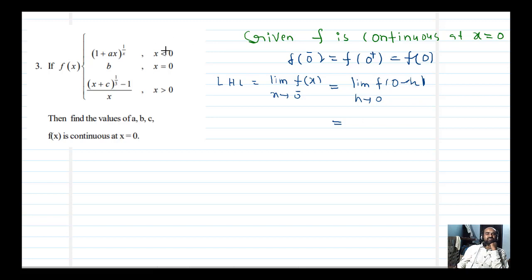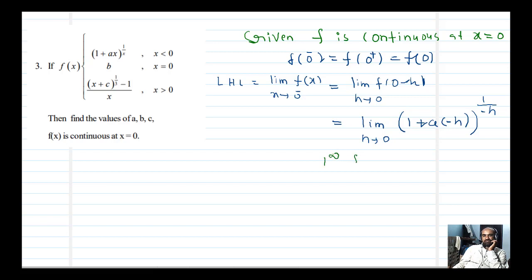What I will get is the limiting value of 1 plus a into 0 minus h, whole power 1 by minus h, as h is tending to 0. Okay, friends, so what is this? Actually, this is the 1 to the power infinity form.